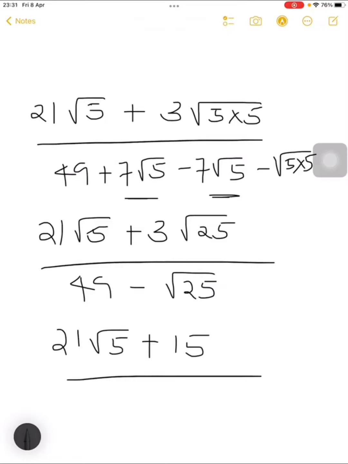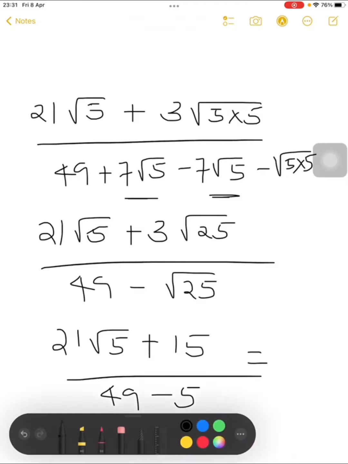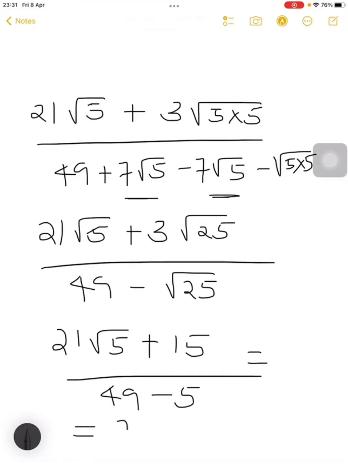All this all over 49 minus 5, and therefore our answer becomes 21 root 5 plus 15, and then we divide by 44.